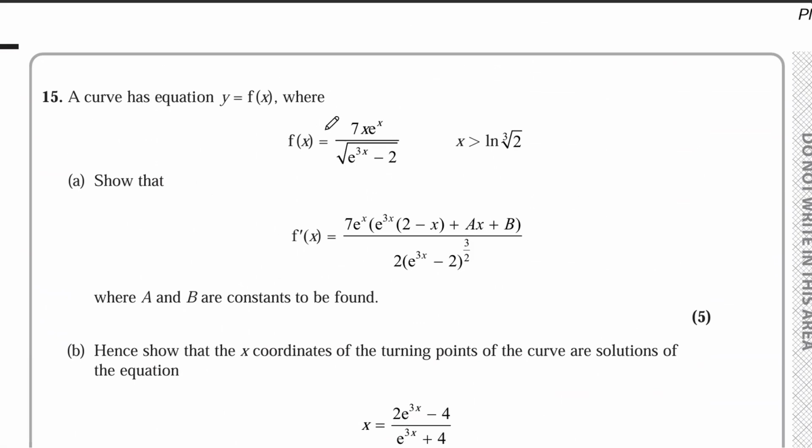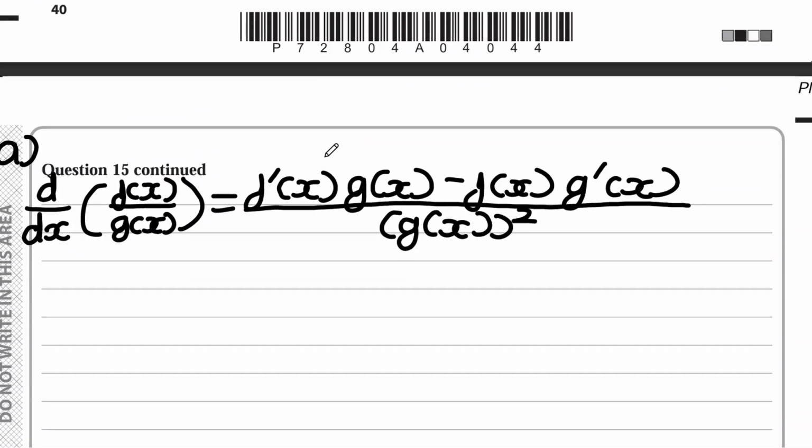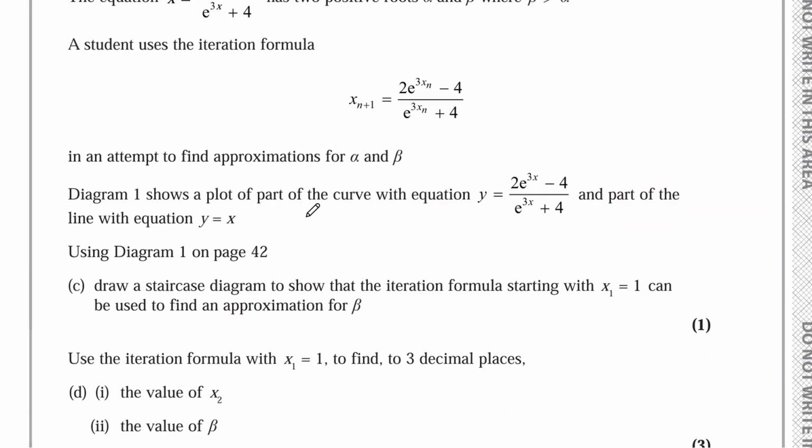Now, in this question, we're told that this whole function is equal to f of x. So rather than calling two things f of x, instead of calling this numerator f of x, we're going to call it h of x. Instead of this being f dash of x, it's going to be h dash of x, and instead of this being f of x, this will be h of x. So we're going to use these functions here.